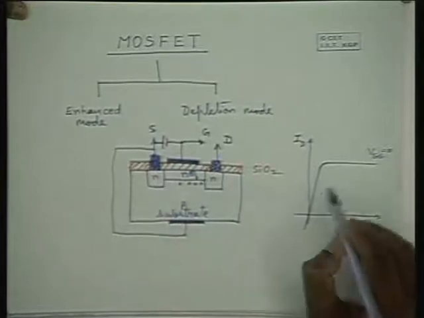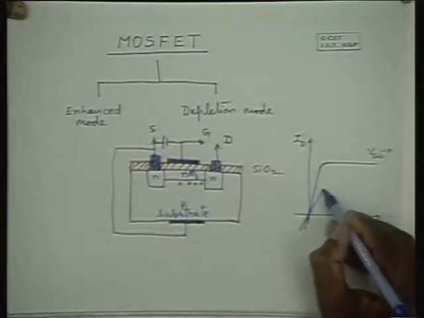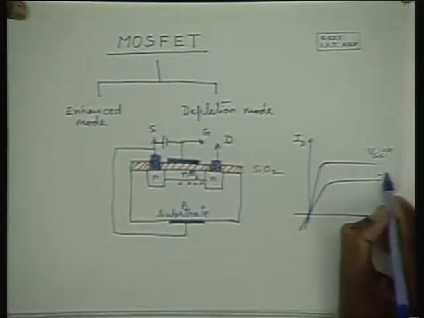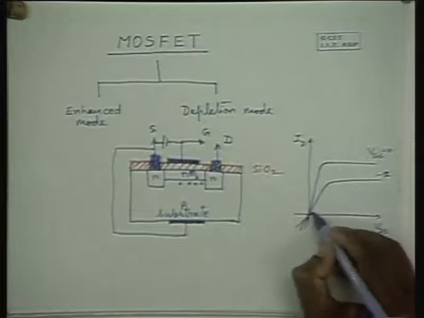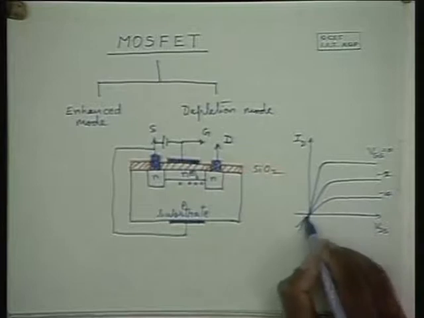And when this goes down, the resistance of the channel increases, and hence the characteristics is like this. When VGS is say minus 2 volts, when VGS is minus 4 volts, it is like this.